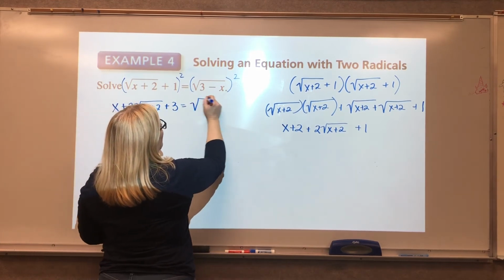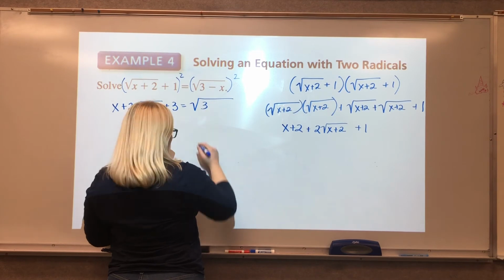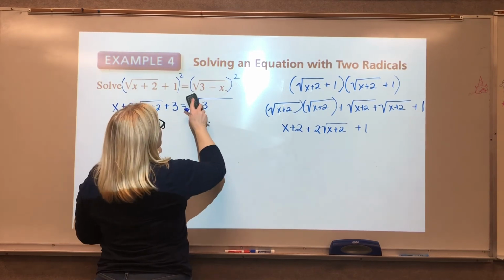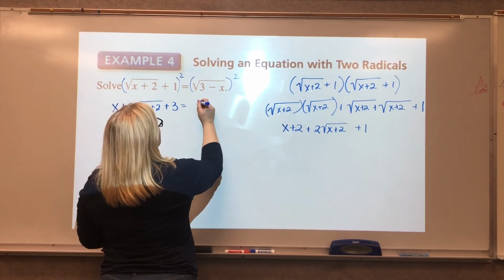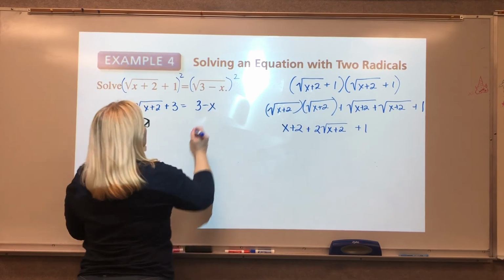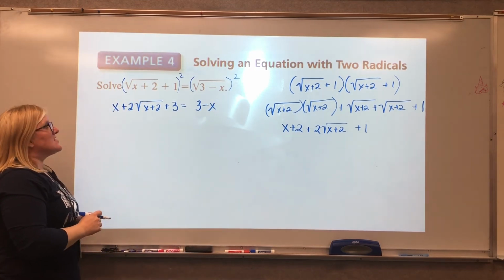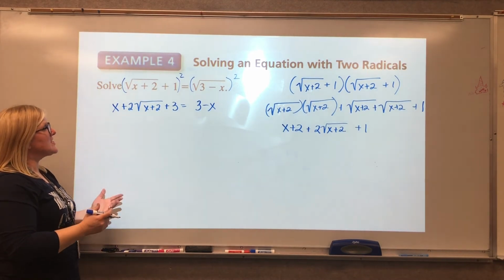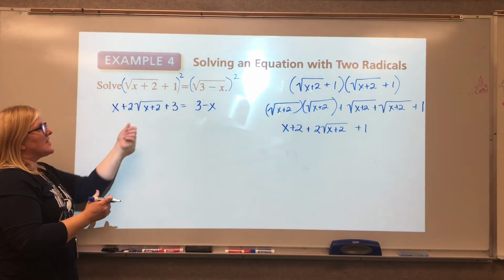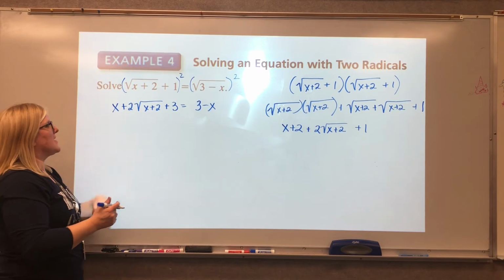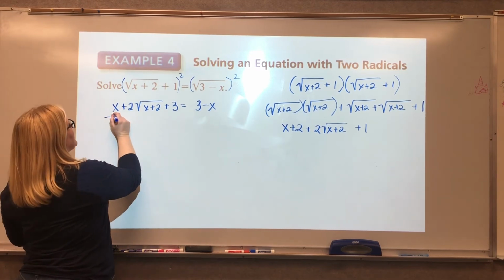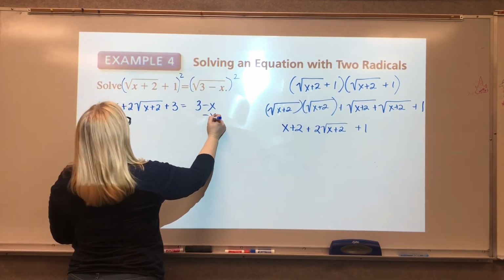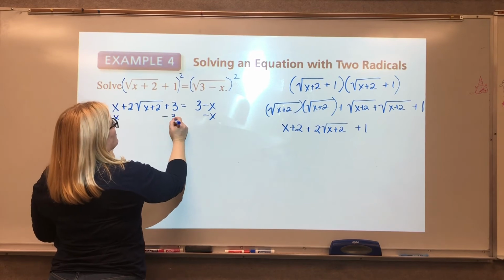equals, no, sorry, not the square root, we've got 3 minus x. Okay, still doesn't look much better than where we just started, right? But this time, I can get the radical by itself. So I'm going to subtract x from both sides, and I'm going to subtract 3 from both sides.